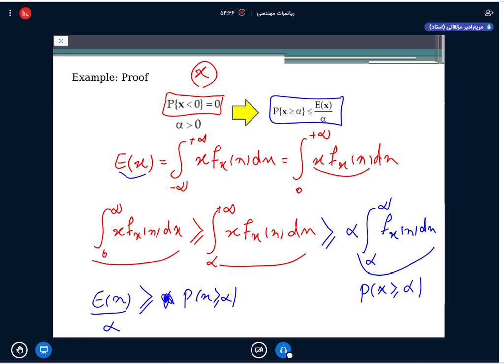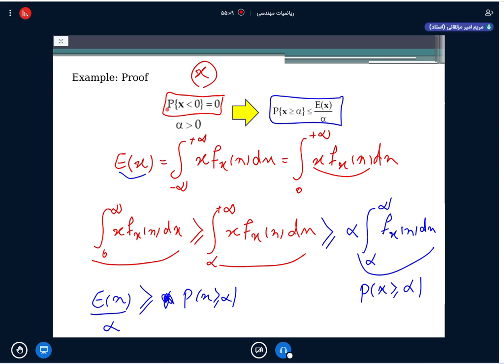Sure, I repeat the explanation. To prove this formula, we start with defining the expectation of X. We know that the expectation of X is equal to this.